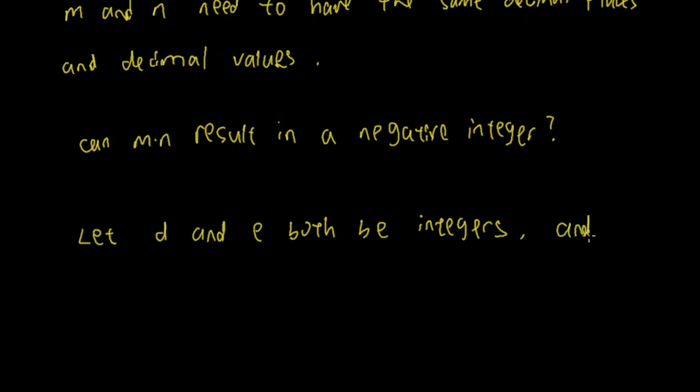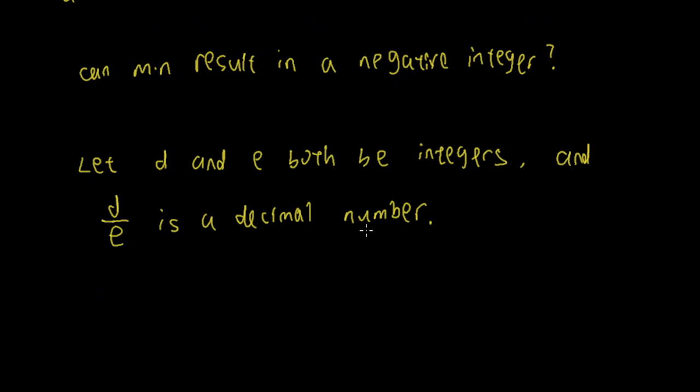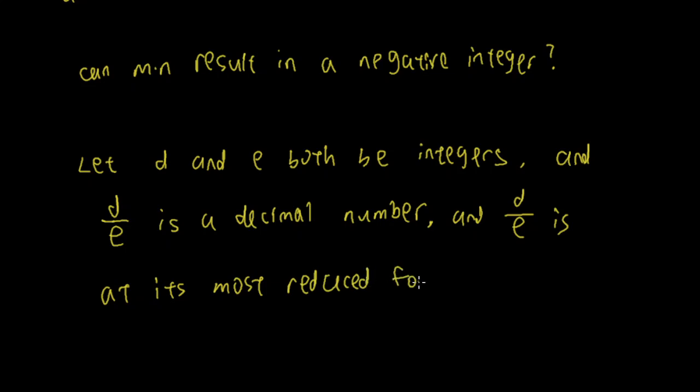And b over e is a decimal number. Okay, so that means b is not divisible by e. That's why it has decimal, right? And b over e is already at its most reduced form. So it cannot be simplified further, okay?